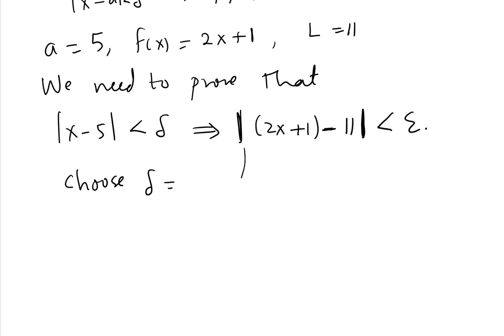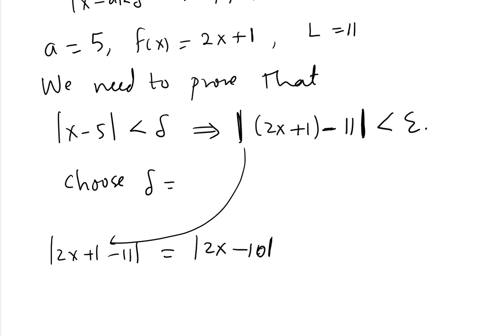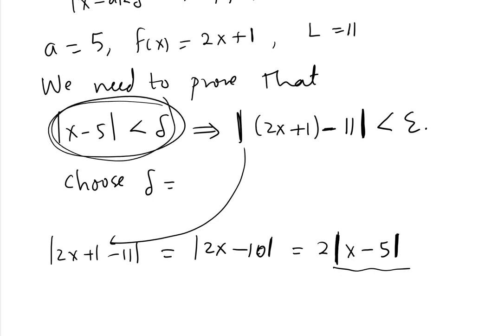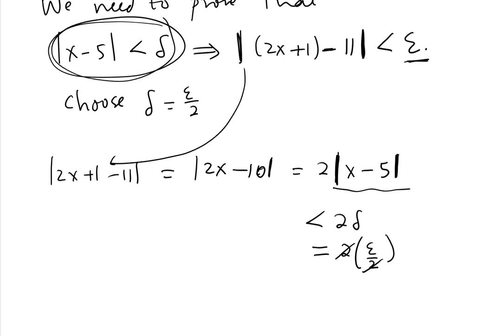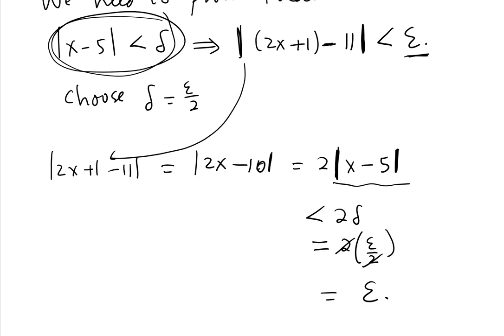And let's start with this one. 2x plus 1 minus 11 equals 2x minus 10. And we can factor the 2 out, which is 2 times the absolute value of x minus 5. But what do we know about the absolute value of x minus 5? We know it's less than delta, so it's less than 2 times delta. But remember, I want to get to epsilon, so this can only be done if I take delta to be epsilon over 2. So if you put epsilon over 2, these cancel, and that would give us epsilon. And that's what we're looking for.